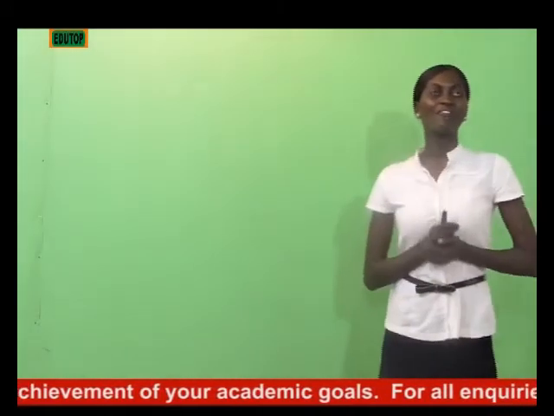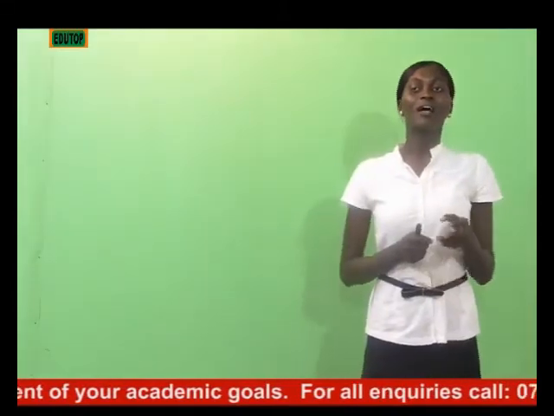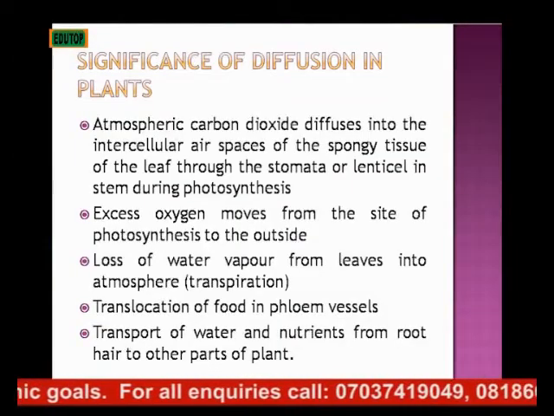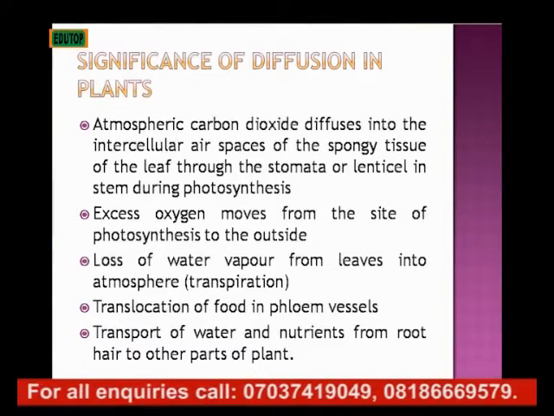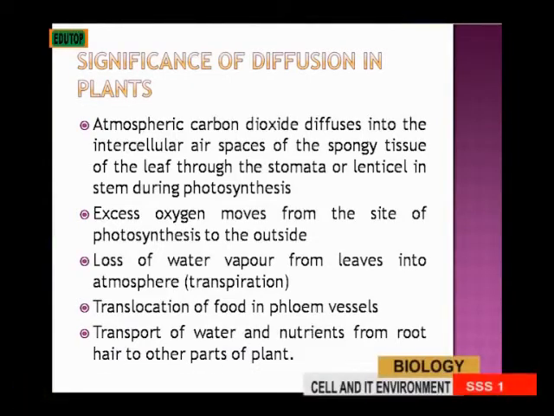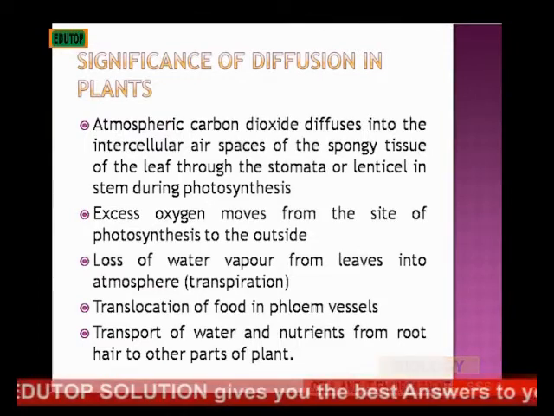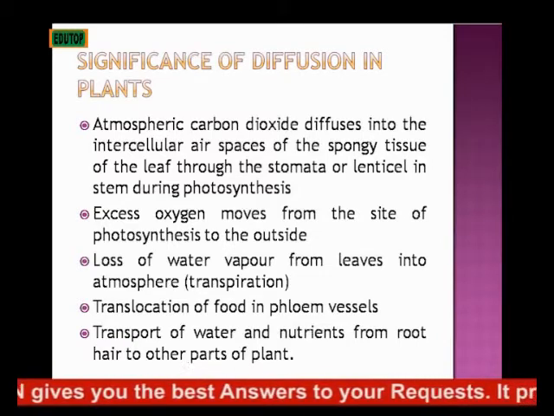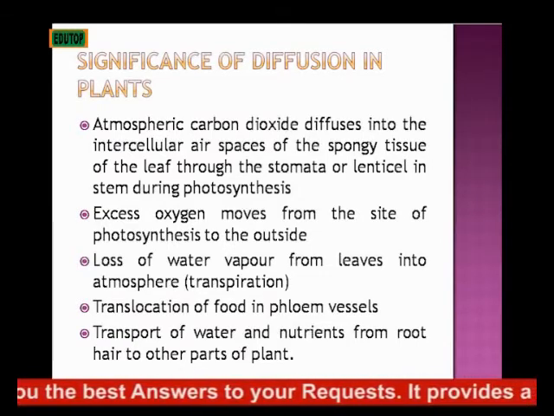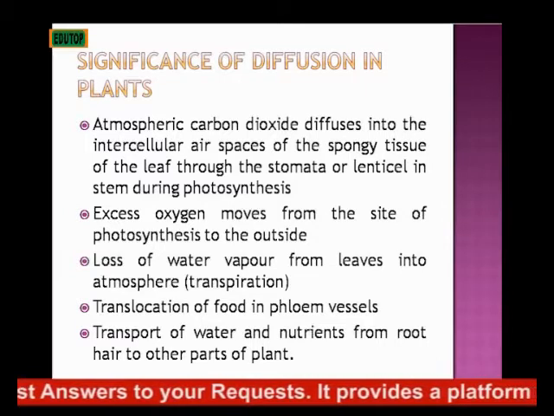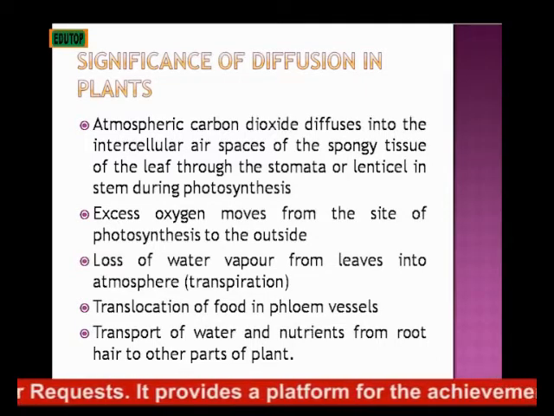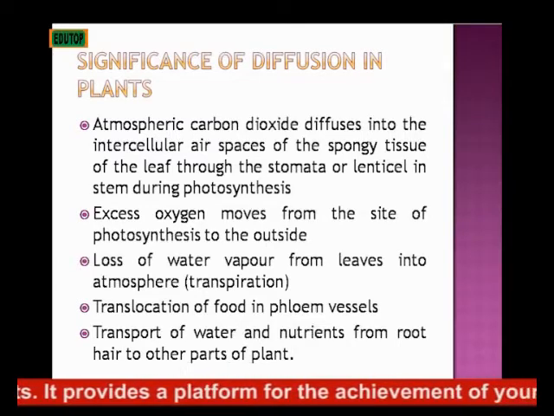So, what significance does diffusion have to plants? First, atmospheric carbon dioxide diffuses into the intracellular spaces of the spongy tissue of the leaf through the stomata during photosynthesis. By the time the plant undergoes photosynthesis, carbon dioxide enters through the air spaces in the leaf to the stomata.